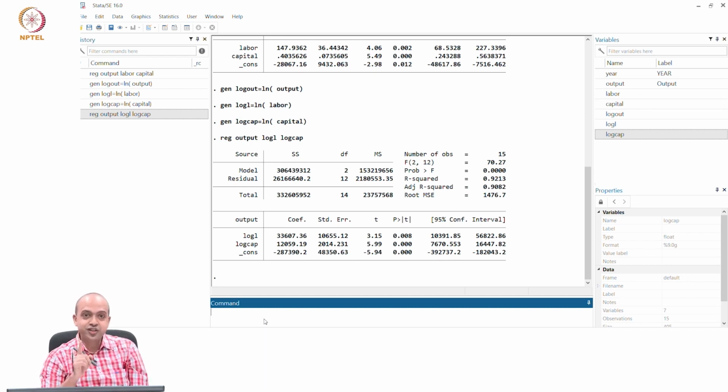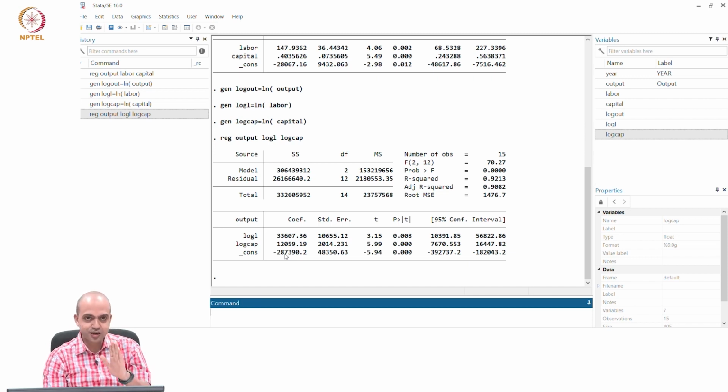For 1% change in labor, expected value of your output changes by 336.07 unit, because we have derived the interpretation when p is small, that means we are assuming p equals to 1, that means 1% change in your x, output changes by 336.07 unit. Similarly, for 1% change in capital, output changes by beta hat by 100, it would become 120.59 unit. This is the interpretation.